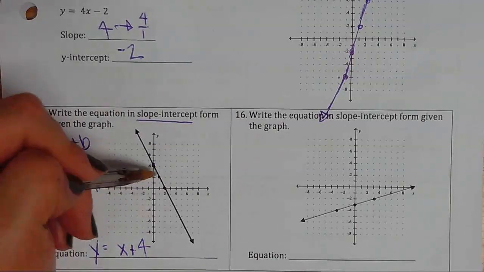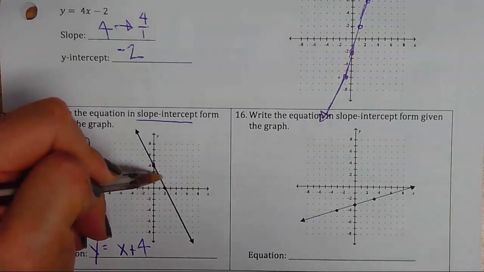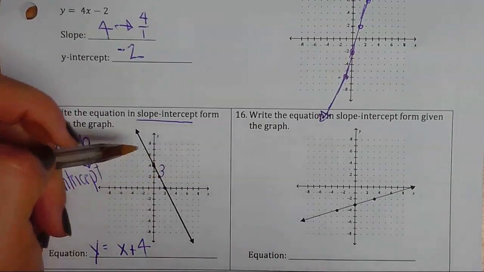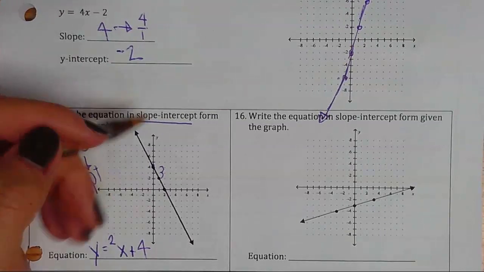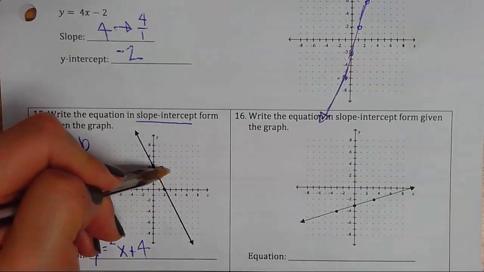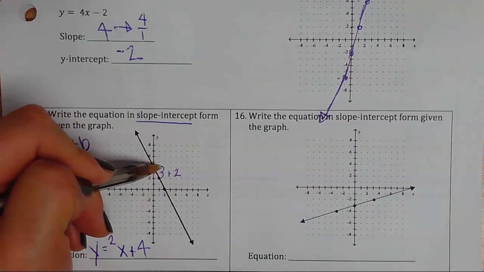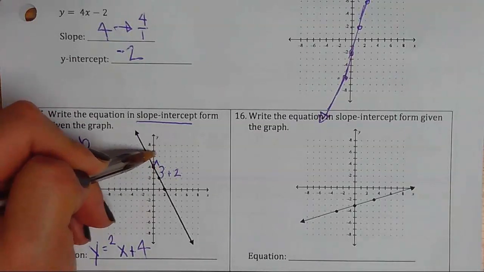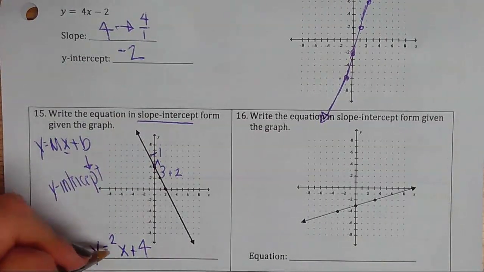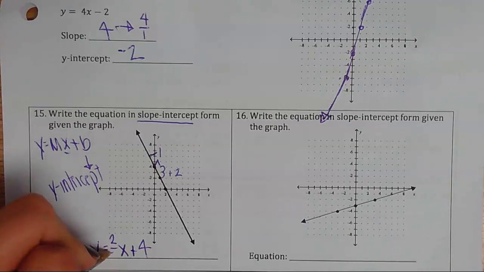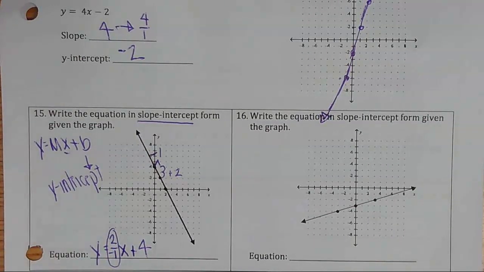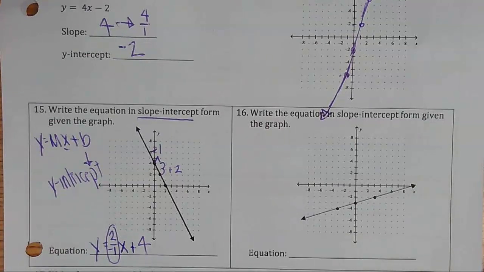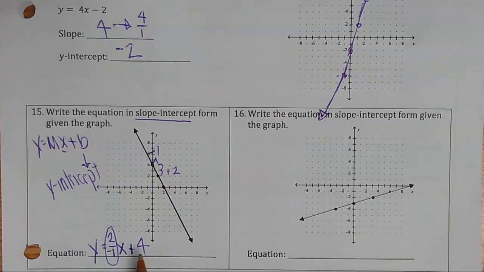Now from here, I'm just going to count my rise. So 1, 2. I've gone up 2, right? Plus 2. And then I go to the left 1. So minus 1. My slope is going to be 2 over negative 1, or negative 2. And my y-intercept is 4.